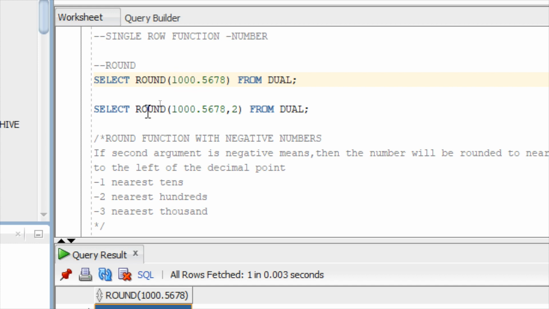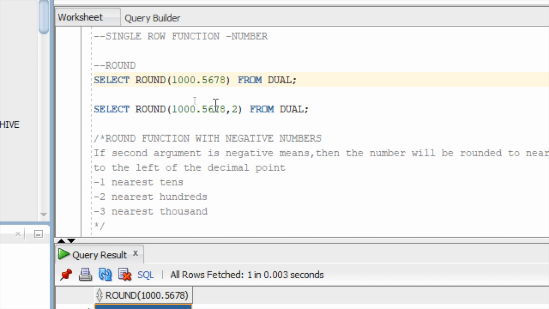In the second example you can see select round of 1000.5678 comma 2. What is meant by 2 is that I am instructing Oracle, please give me the result by rounding up to 2 decimal points. It will show 1000.5 and then look at the next digits 5, 6, 7, 8.